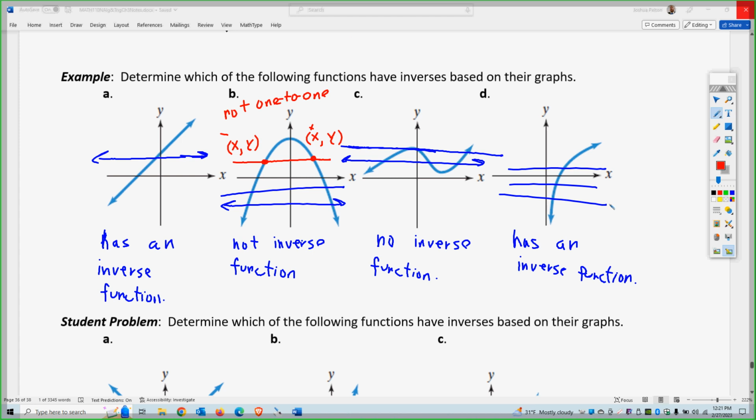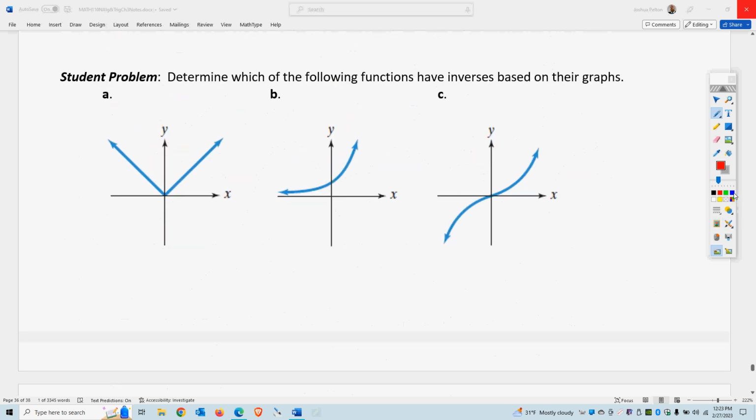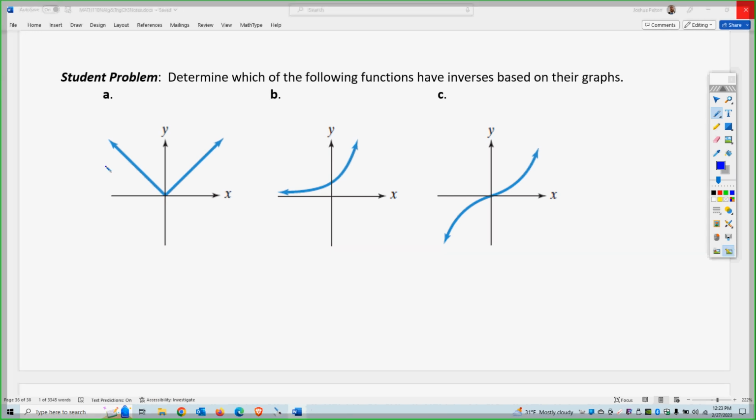All right, pause the video, try the student problems. Okay, for the student problems, I'll have you write it. The first fails the horizontal line test and is not one-to-one, so no inverse function.